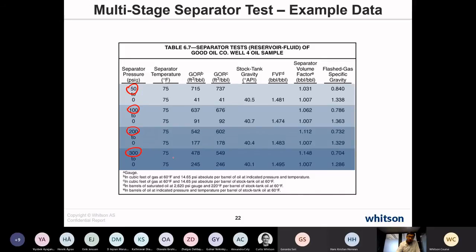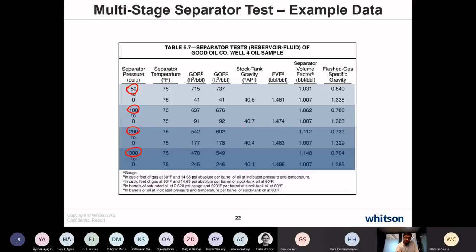The temperature is kept constant, and the main reason why the different separator pressures were tried, I guess, is that they wanted to see what's the optimum first stage separator pressure. You can see, for example, from the GOR, we will have to calculate the total GOR for this case.